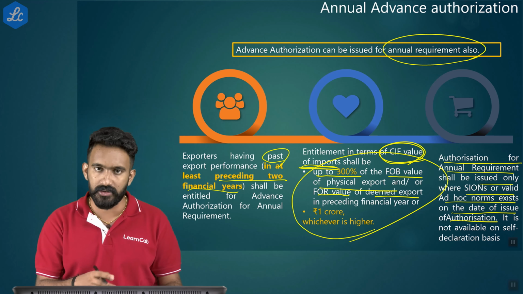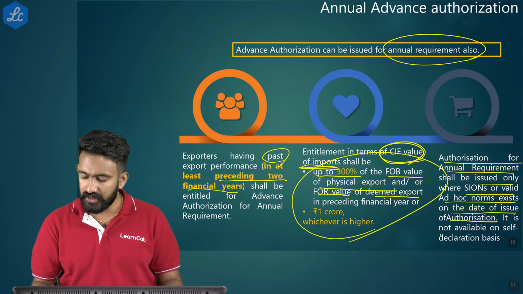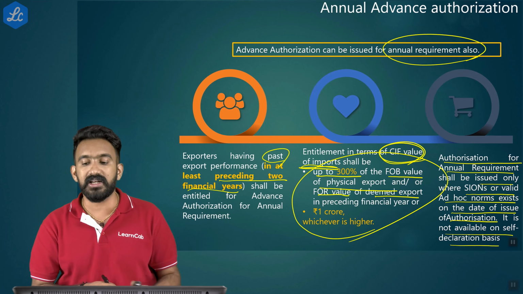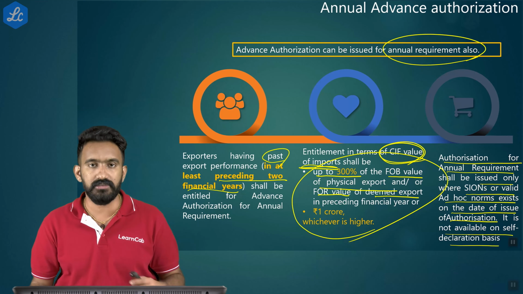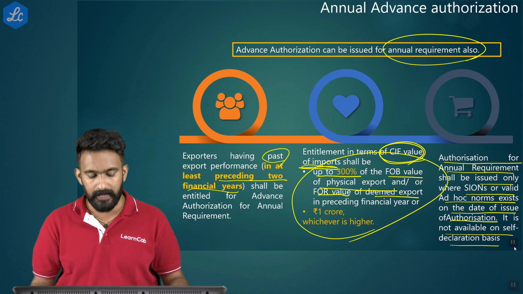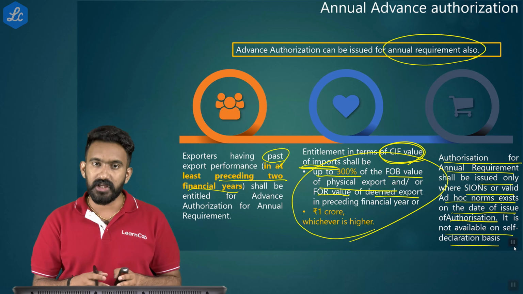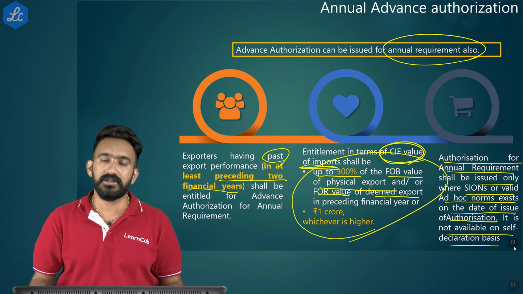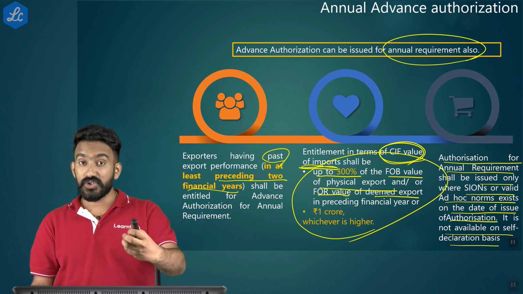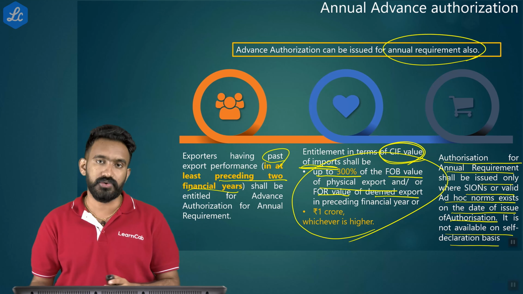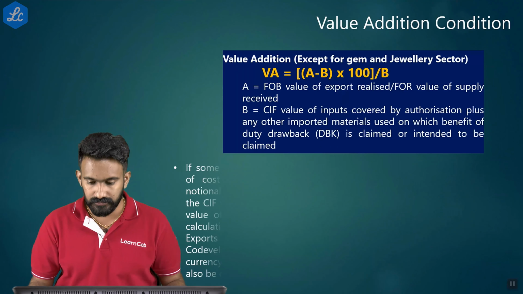There should be SION norms available, and if not available, on self-declaration basis they can even be given an annual advance authorization based on your past performance. So instead of asking for a specific thing, I can go for a year-based advance authorization for a certain amount of imports without paying any duty.